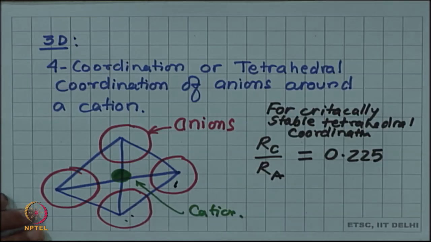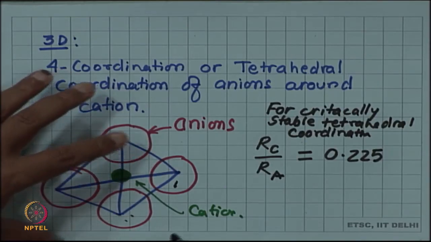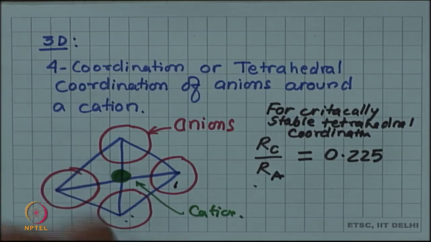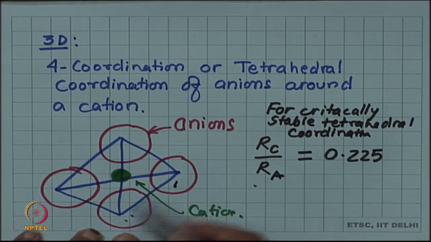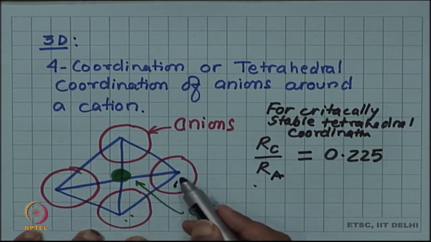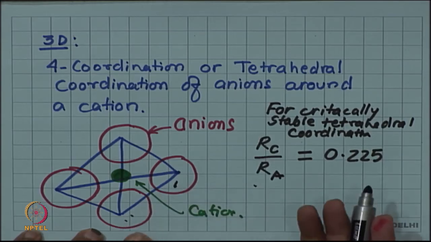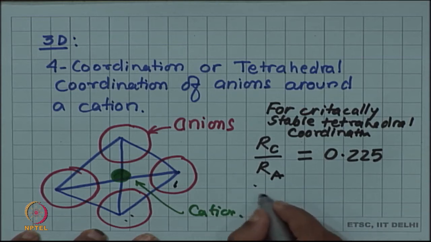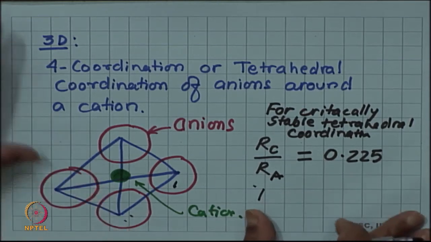We have allowed anions to form a close packed structure. But we do not want anions to touch. Rc should be larger than this critical value, because then it will open out the tetrahedron and force anions to separate, and forcing like-charged anions to separate is a good thing.